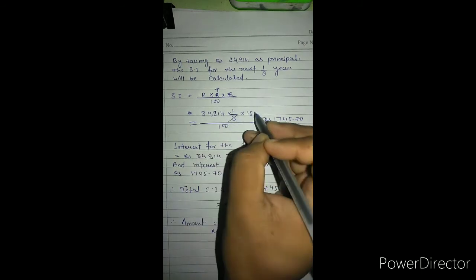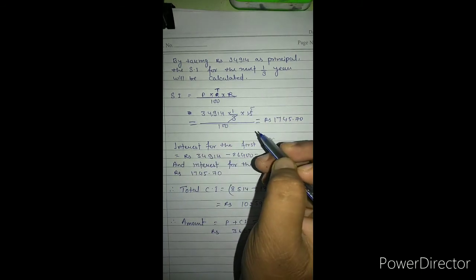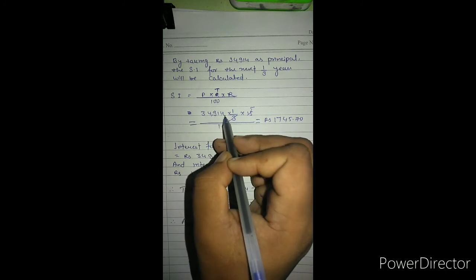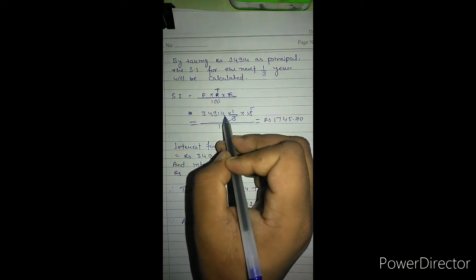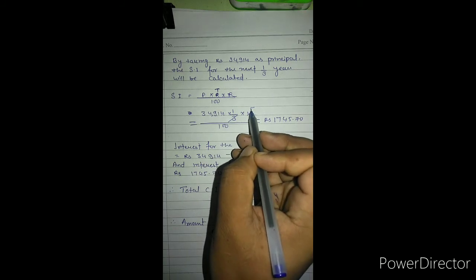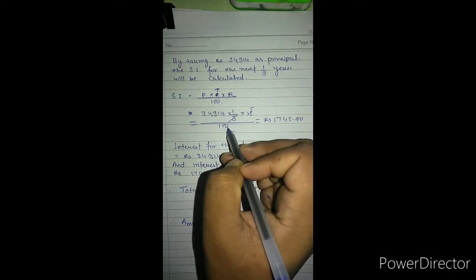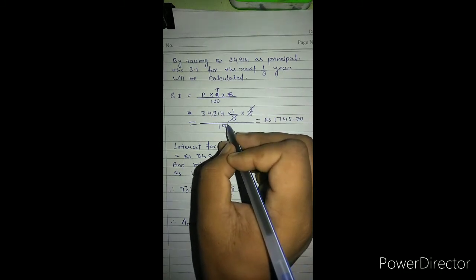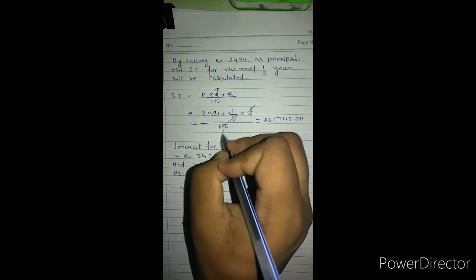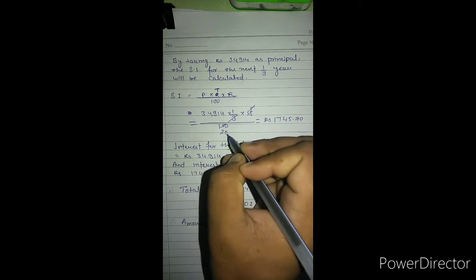Now cancel it. 3 5s are 15. So when you multiply 34,914 into 5 and divide it by 100, you can cancel this 100 also by 5. 5 2s are 10 and 0.